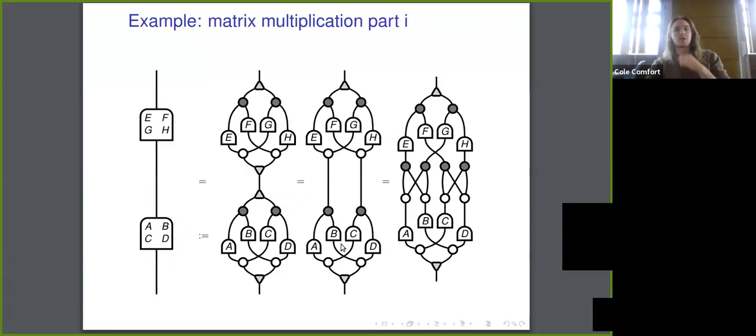So for example, matrix multiplication for block matrices. When I draw these things with capital letters, it means they're not just scalars, but themselves matrices.